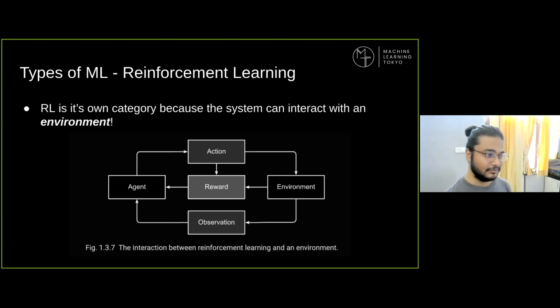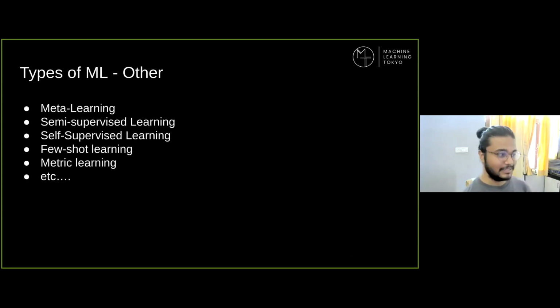The way to do that is by giving a reward. So when the agent is in one position, it wants to know, am I in a good position? So it asks the environment where I am, and the environment gives it a reward. And from that, it decides: should I go forward, or should I leave it as it is, or should I move in the other direction and run away for my life? So that is the basic idea of a reinforcement learning system.